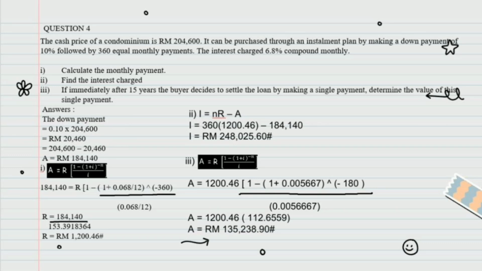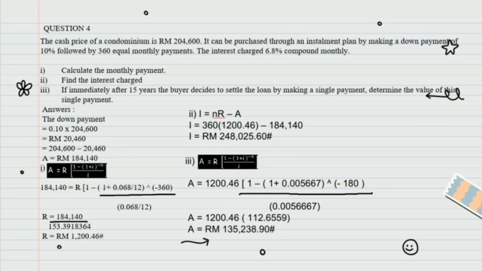So the first question, calculate the monthly payment; the second, find the interest charged; and the third, if immediately after 15 years the buyer decides to settle the loan by making a single payment, determine the value of this single payment.